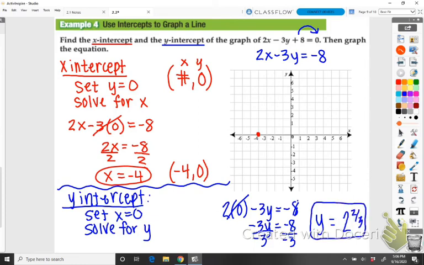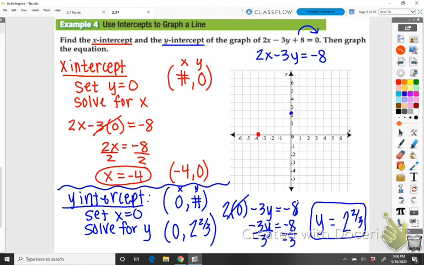So as an ordered pair for the y-intercept, you're going to have 0 for the x and a number for the y. So this ordered pair is 0, 2 2/3, which means you're not going any left and right, but you're going up 2 2/3 more. So it's about here.